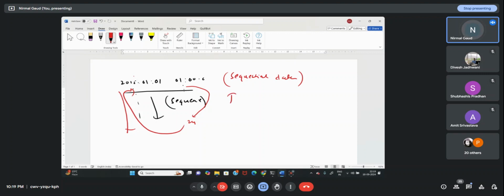And time series is applicable on such kind of data, sequential data.